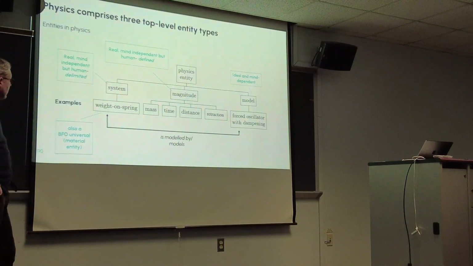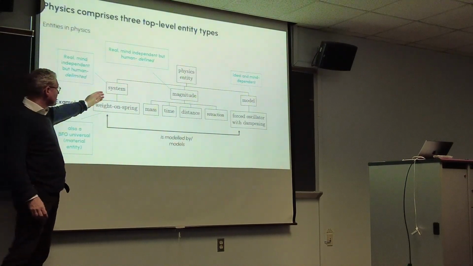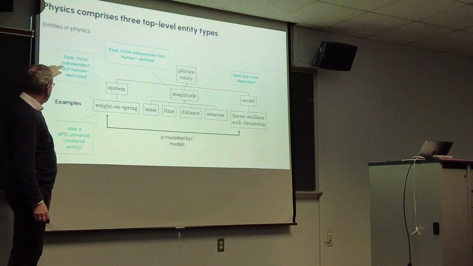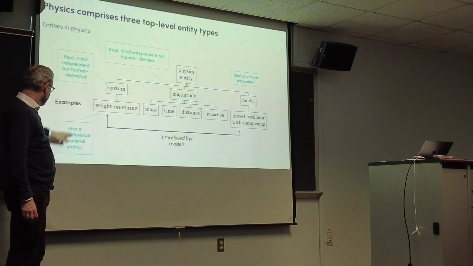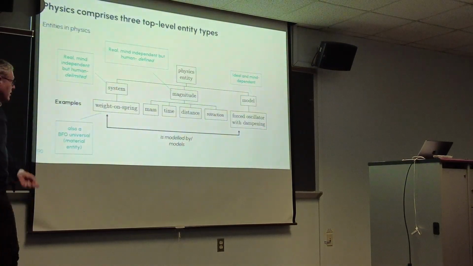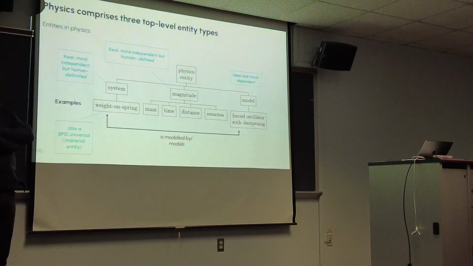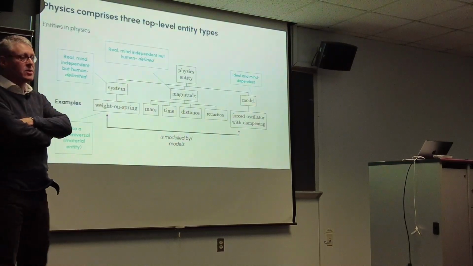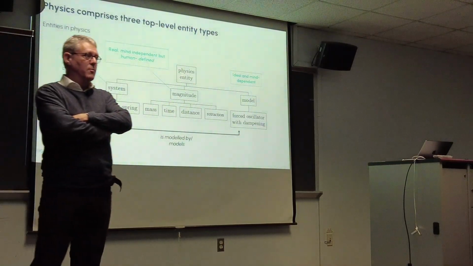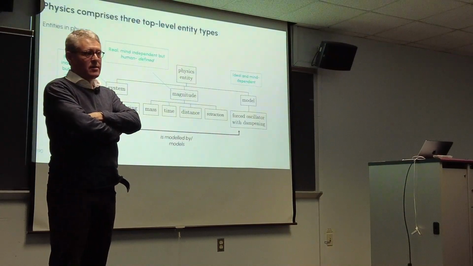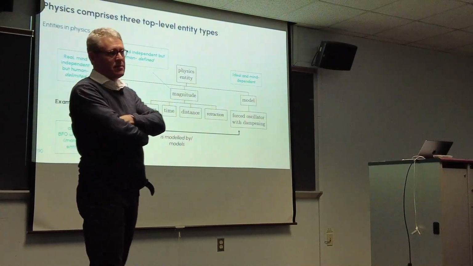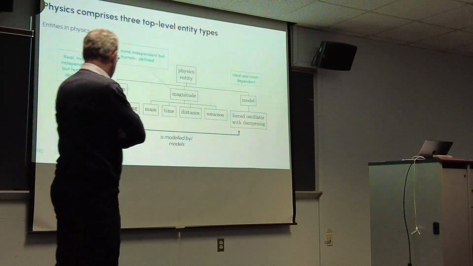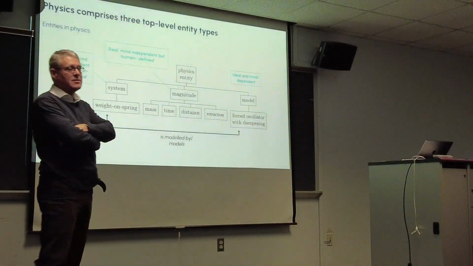Right, but why do we make system? It says real, mind-independent, human-limited, also universal, BFO universal. So an electron in an electric field, that's a system. The electric field is a system, and the one electron in the electric field, which most physicists would say is the smeared-out probability that we call electron, is one entity in that system.